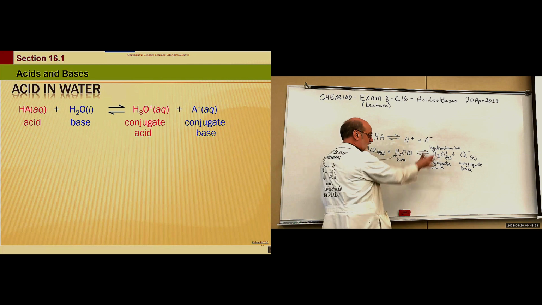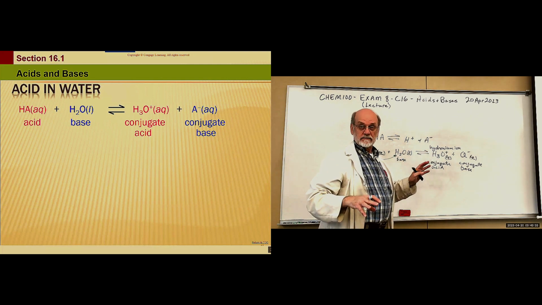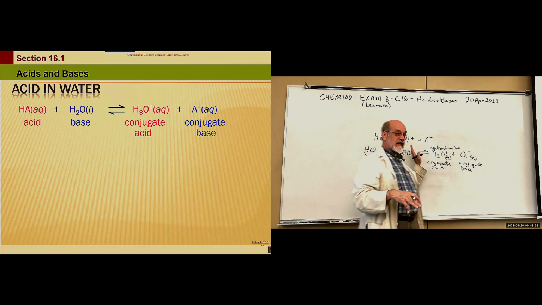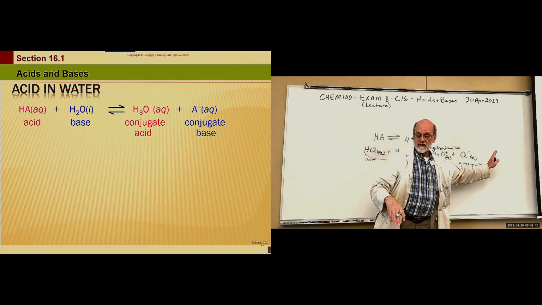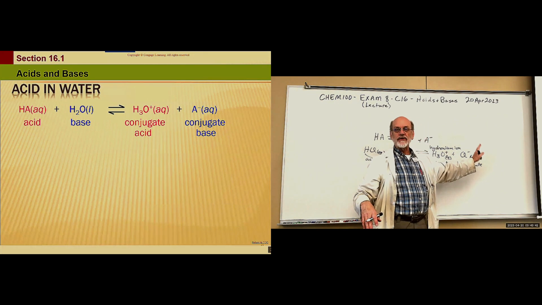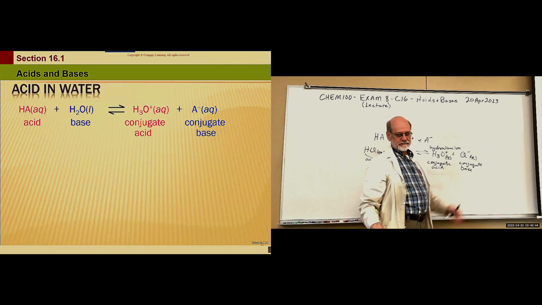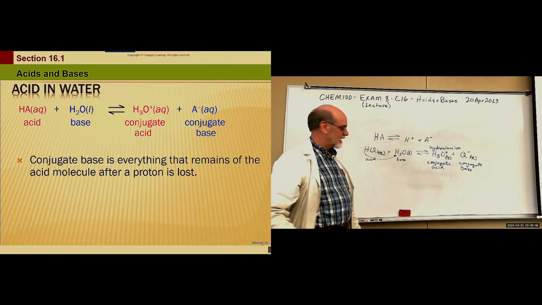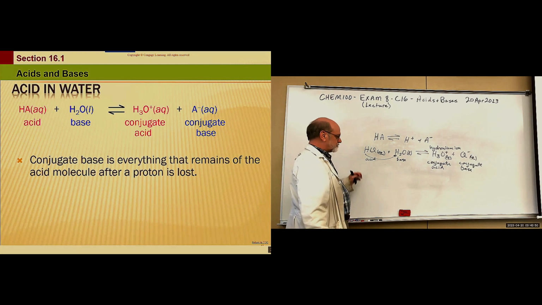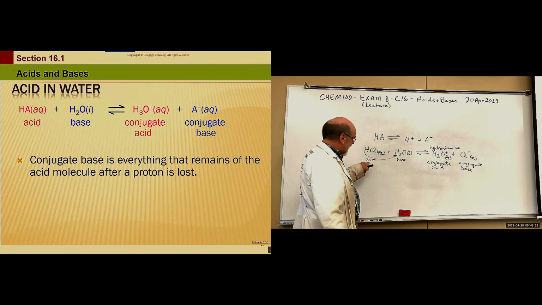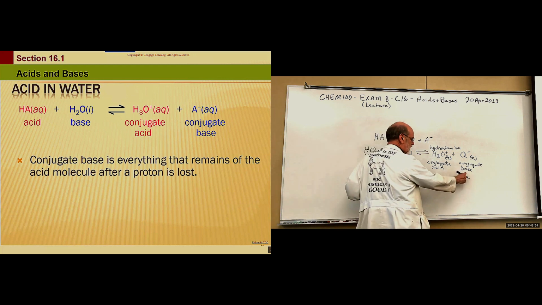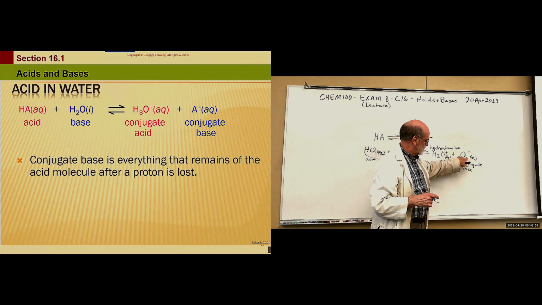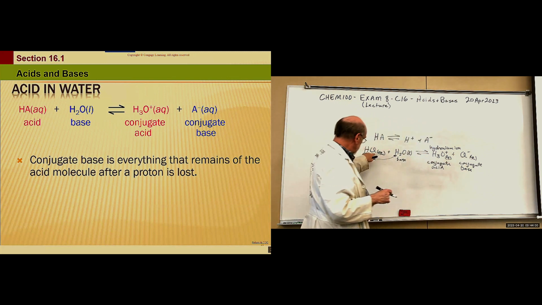Okay. And this sets up in an equilibrium, right? For this example, this equilibrium lies way to the right. So its K value would be almost infinity. So notice that for this acid, the conjugate base has the same term here and here.